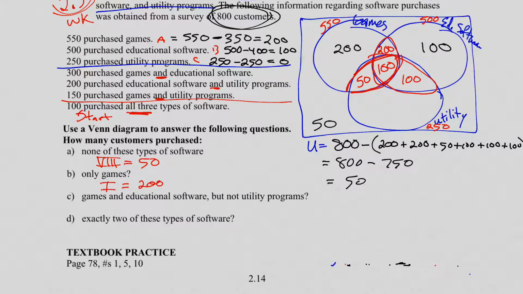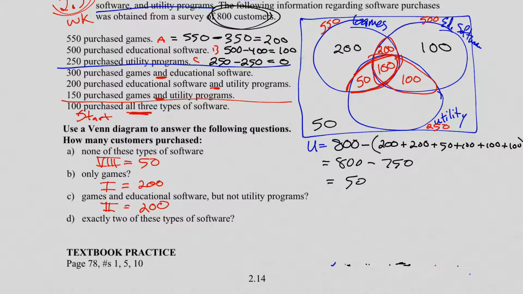So it's the top pedal, which is the 200 and the 100, but not the utility. So we need to take away that center region, and that's going to leave us with region 2, which is just 200.